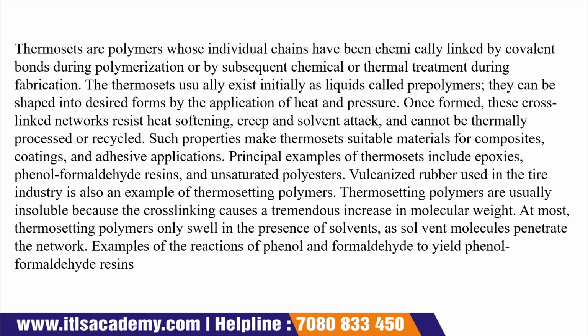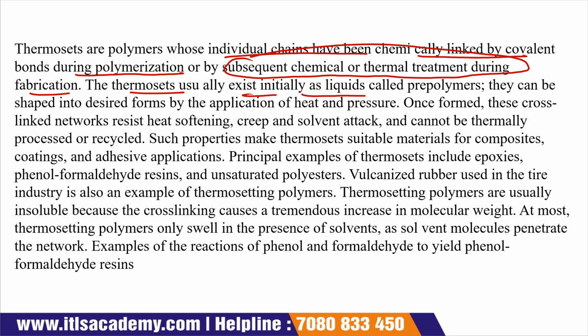Now the next is thermosets. Thermosets are those polymers whose individual chains have been chemically linked by covalent bonds during polymerization or by a subsequent chemical or thermal treatment during fabrication. Thermosets usually exist initially as a liquid, called a prepolymer. Now they can be shaped as we desire and formed by the application of heat and pressure.